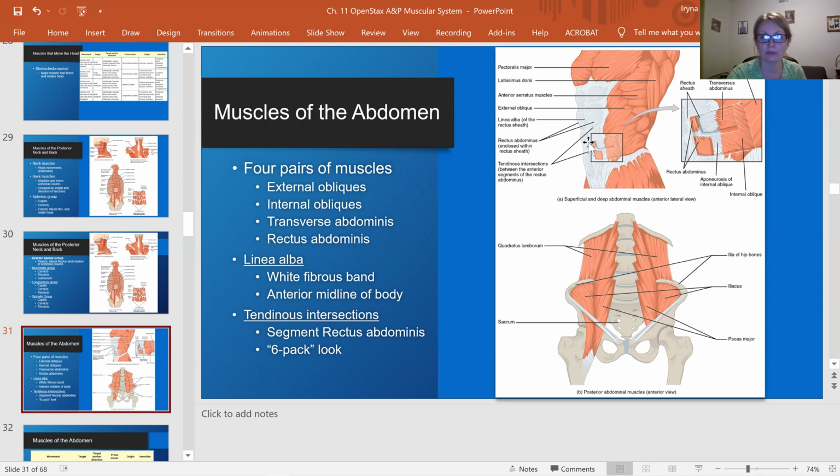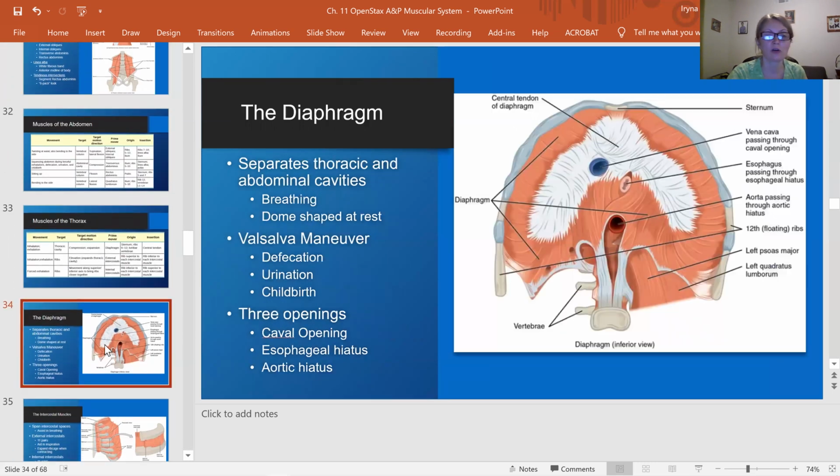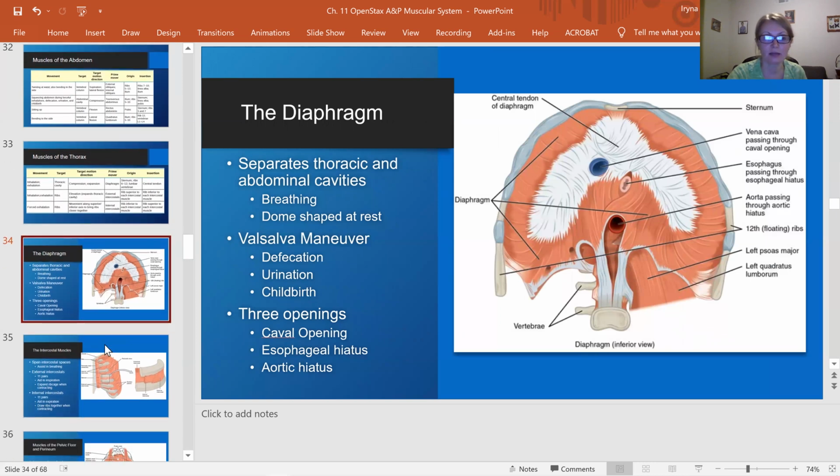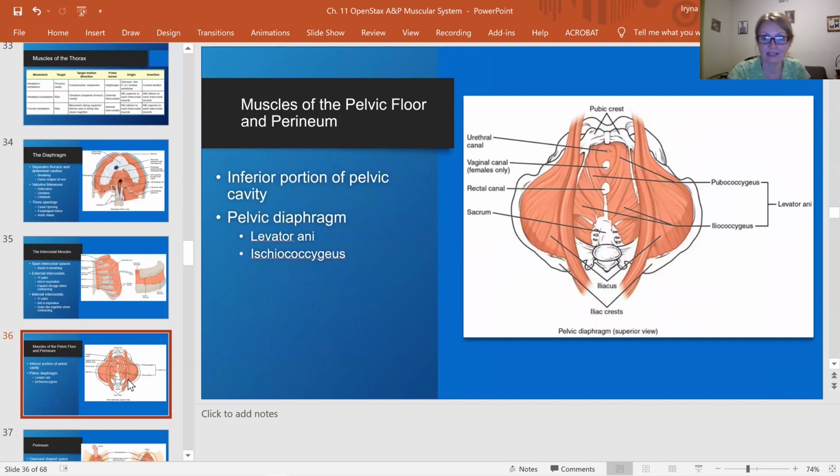muscles of the abdomen, including this nice four pairs of muscles and one deep, quadratus lumborum, that is the posterior wall of the abdomen. We talked briefly about diaphragm and intercostal muscles. And then we said, well, we have another diaphragm that is pelvic floor.